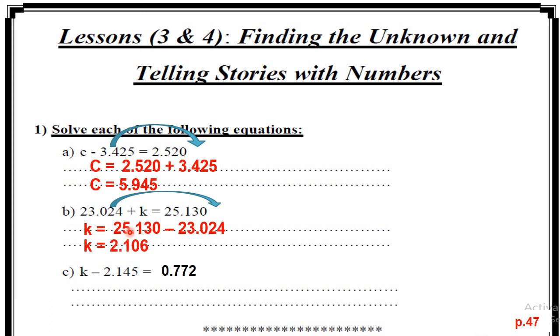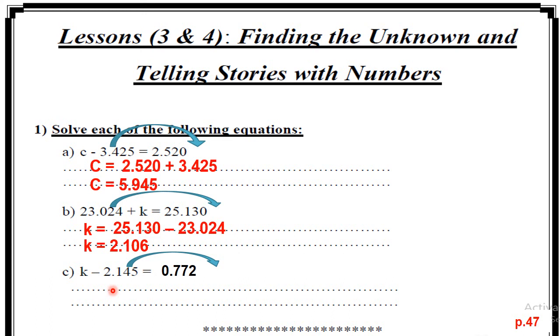K equals 2.106. And now in letter C, K minus 2 and 145 thousandths equals 0.772. To solve this question, we need the variable K on one side and all the numbers on the other side. So I will take minus 2.145 to the other side using the inverse operation.